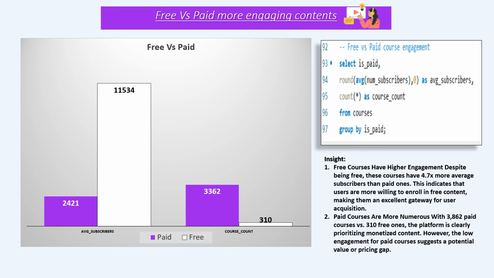Here I used the COUNT and ROUND functions to get this output, ROUND for controlling the decimal places and COUNT to get the course count. This statement helped me surface the most engaging content in both of these categories.